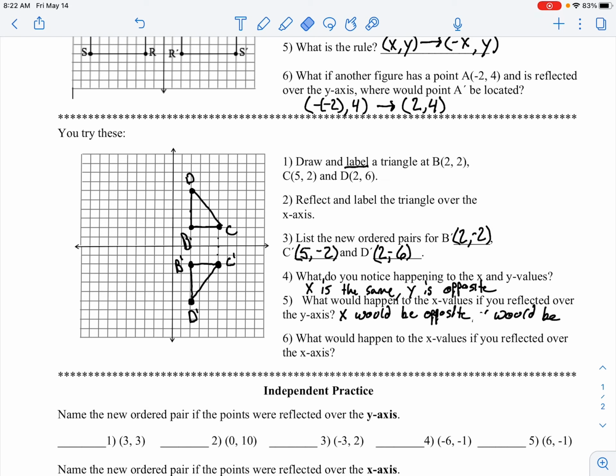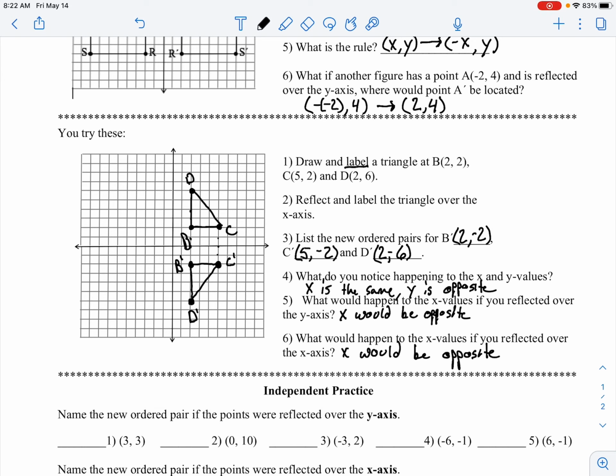Oh, whoops, that's what it's asking us right here. So I'm going to go ahead and erase that part. Y would be the same. So what would happen to the x values if we reflected over the x-axis? So it's the x values that would be... x would be opposite.